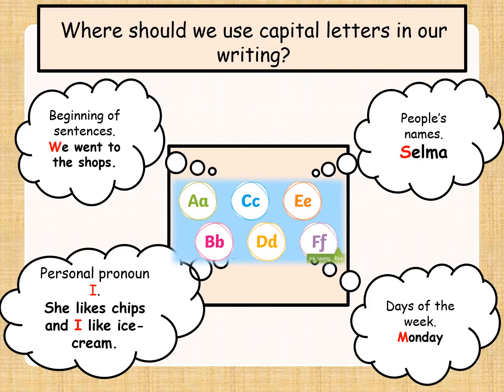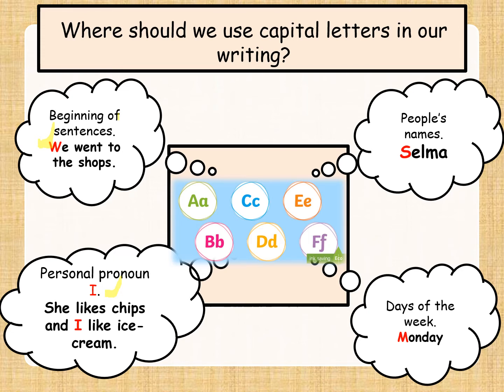And last week, we looked at capital letters. So who can remember where capital letters go in a sentence? That's right, they go at the beginning of a sentence, like we went to the shops. The first letter needs to be a capital letter. Another one is the personal pronoun I. So when we're talking about ourselves, I, it always needs to be a capital letter.